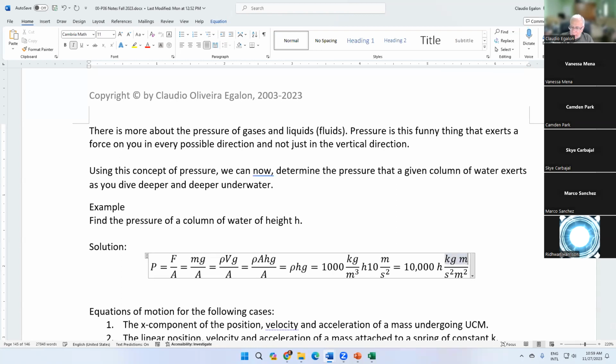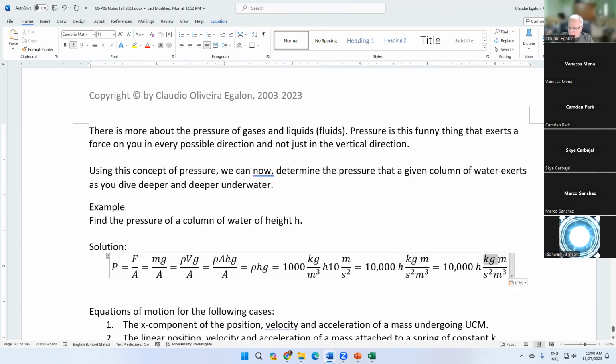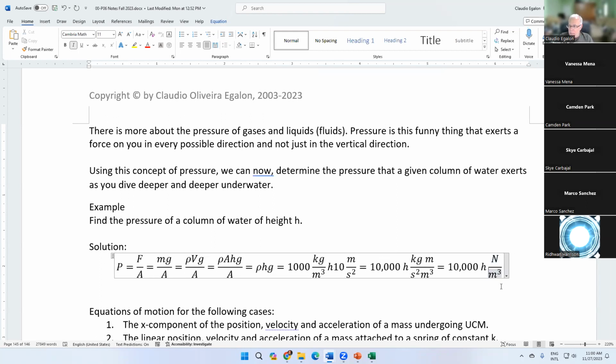Let's multiply the meter here upstairs with the meter downstairs, right? So what we get here, we had kilogram meter per second squared, right? We still end up with the unit of pressure. Kilogram meter per second squared is newtons. Oops, it's newtons. And we get this cubic meter.